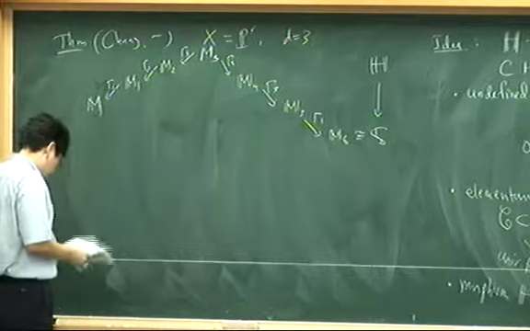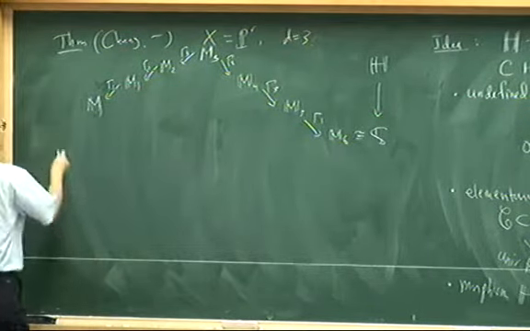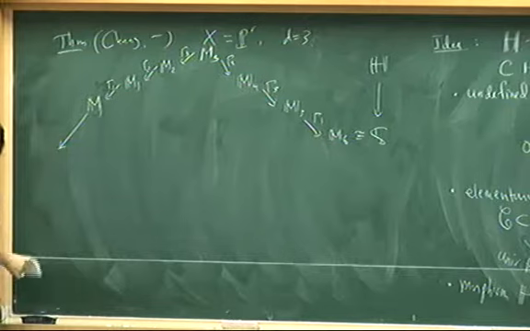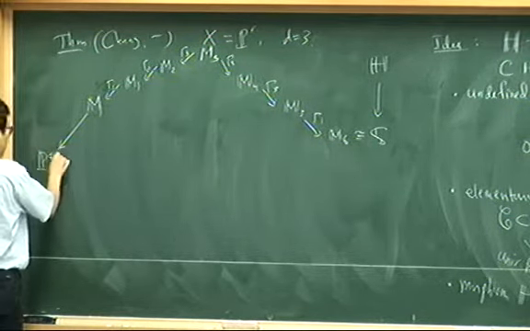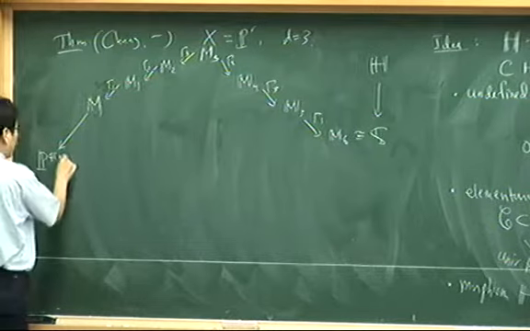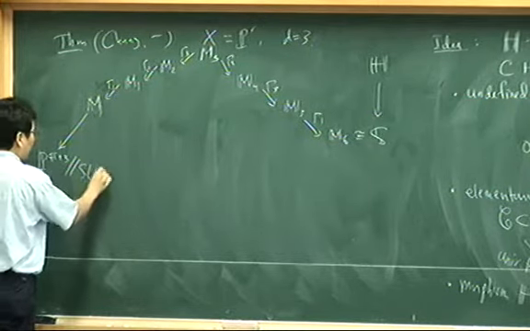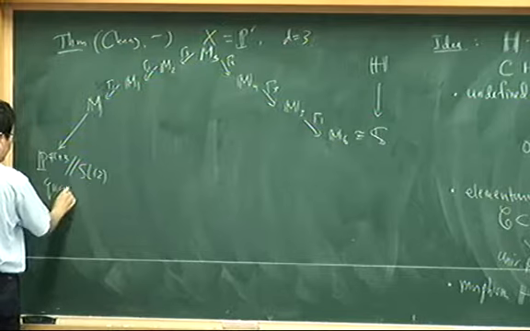Okay? Right. And furthermore, we know that this can be further blown down to the GIT quotient of P^(4r+3) by SL2. This is something called the quasi-map space.